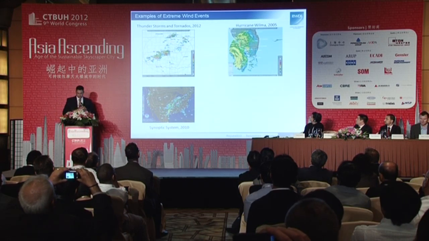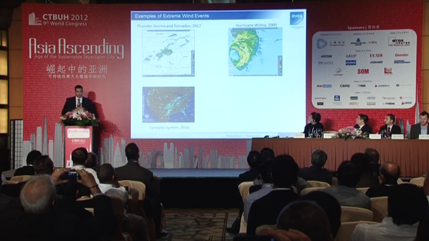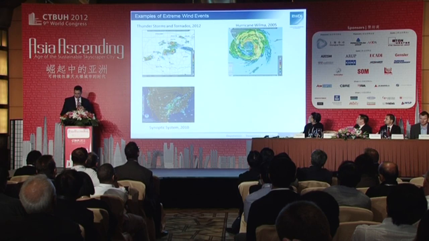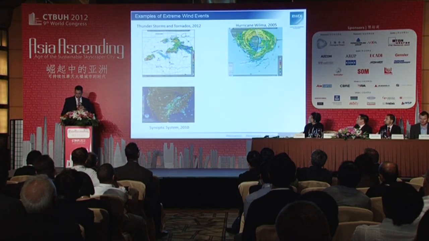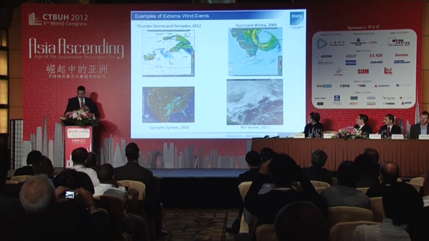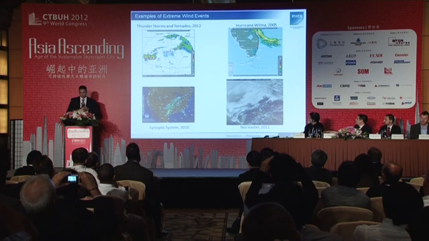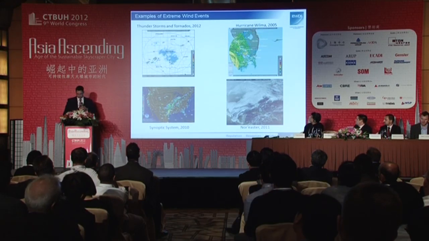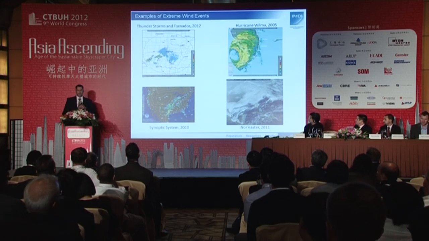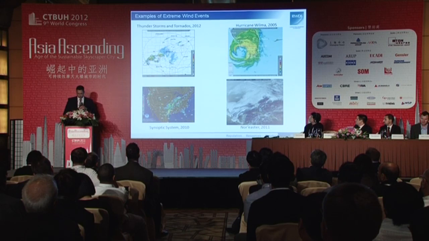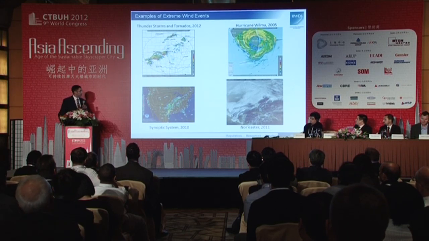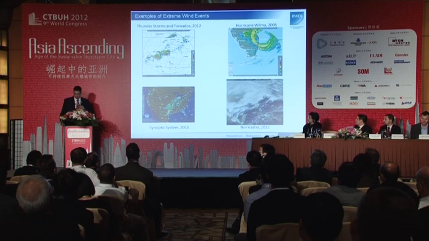In tropical areas such as Shanghai, we have typhoons, hurricanes in the North American lexicon. And then also sort of a driver, at least in the mid-latitudes, where I come from in Canada, we get into winter storms. So that's supposed to be a movie. I'm not sure if we can start that up. But anyway, this is a nor'easter. Those of you from New York will certainly remember this nor'easter from January 2011.